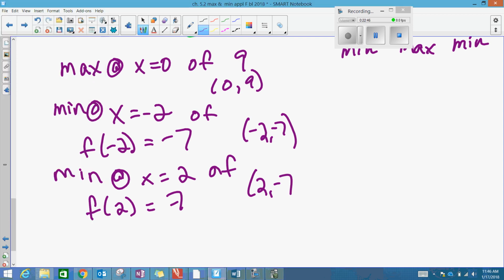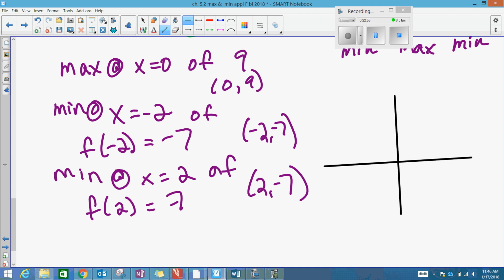Okay, so now, again, I'm just going to make a simple sketch of my graph. I know I need the points. Okay, so I want to sketch 0, 9.